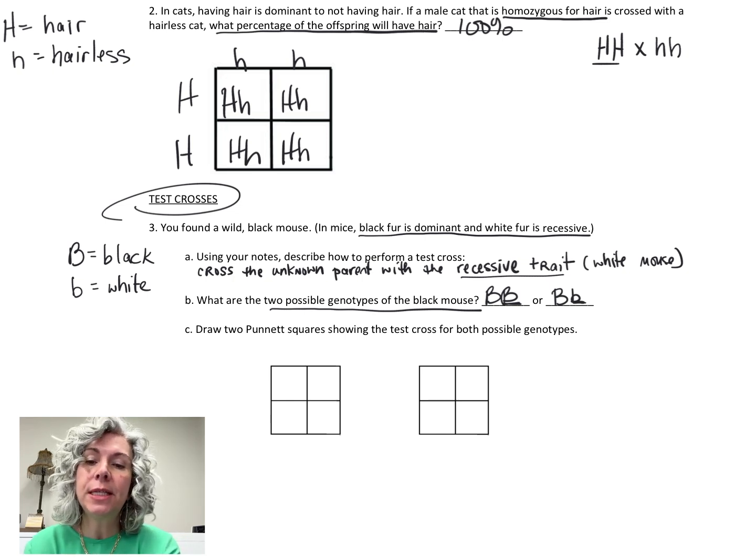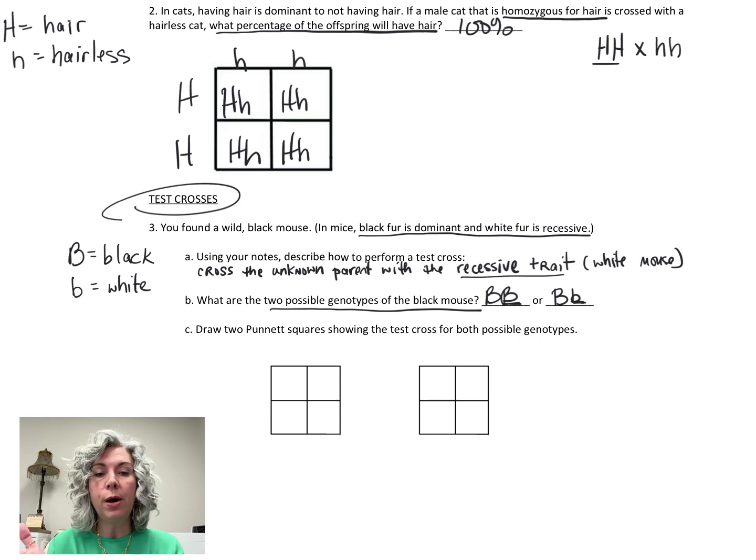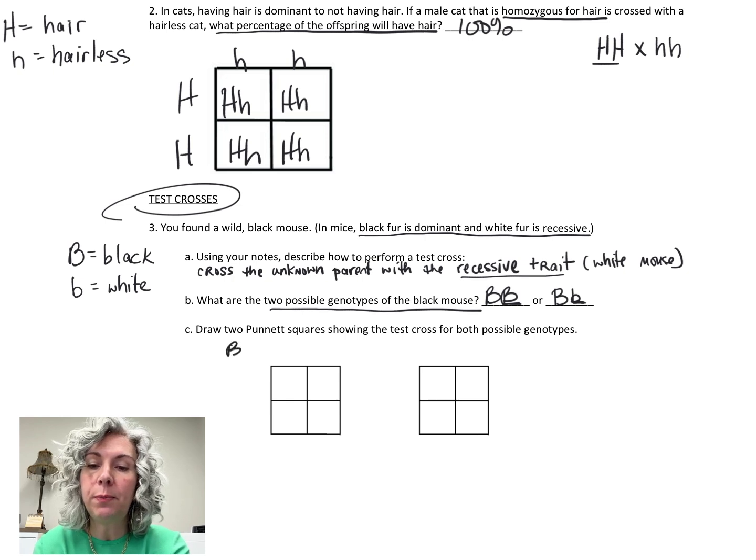So now letter C says, draw these 2 Punnett squares of a test cross, show both possible genotypes. All right, so we're going to cross big B, big B. Our first one would be big B, big B, right? The dominant homozygous with, remember it's a test cross, 2 little b's.